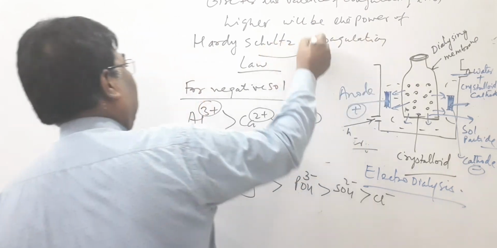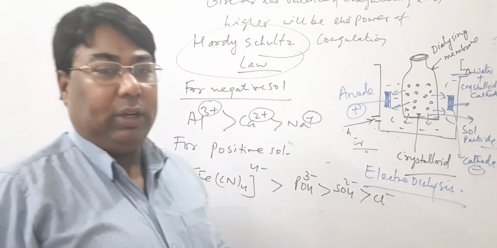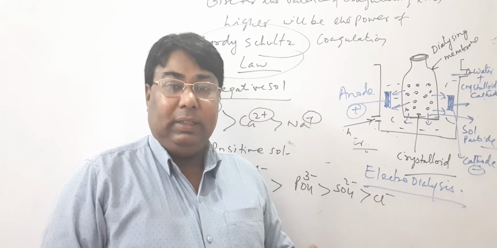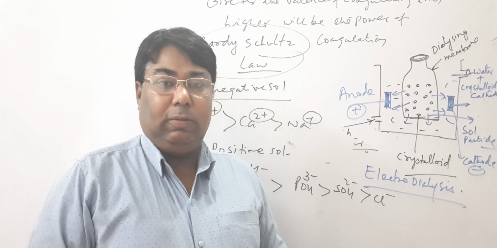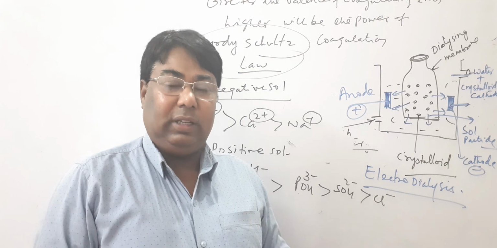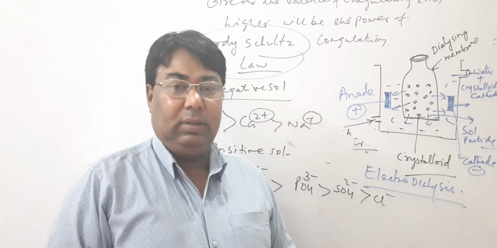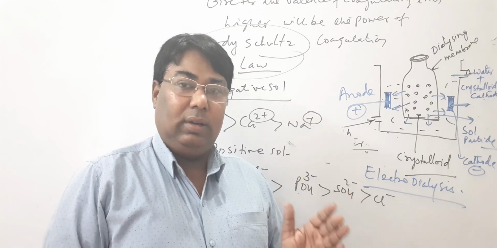This is known as the Hardy-Schulze law. A very, very important concept of this chapter. I am hoping that all of you understand. So please revise all these topics several times and make proper notes for proper revision, for good results. Thank you.